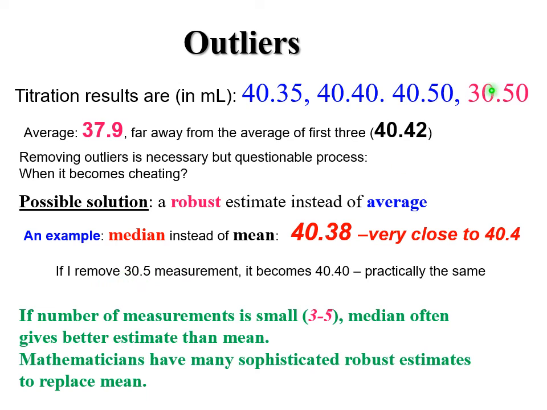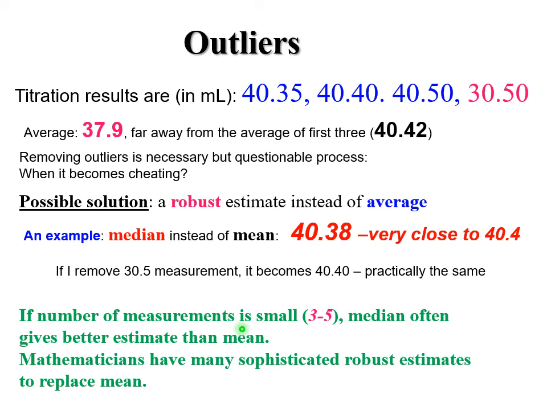So if I remove this measurement, artificially it becomes 40.40. So the change, the price I am paying by removal, is practically non-existent. This estimate, median, is very stable, and we say it's robust.